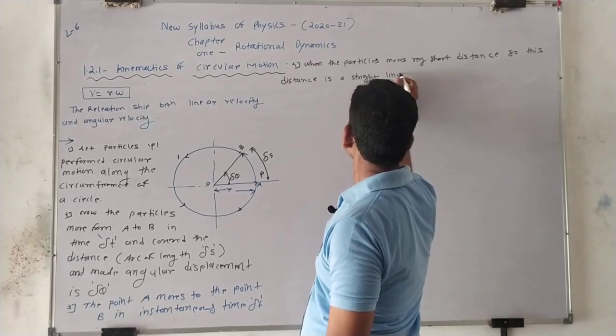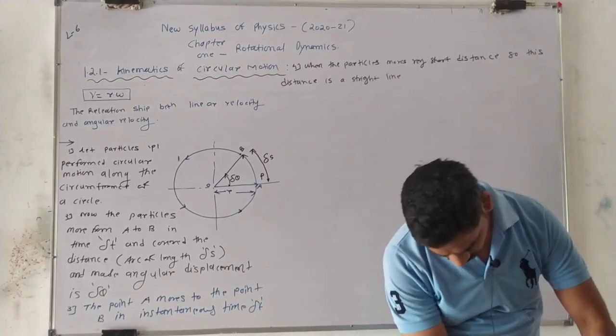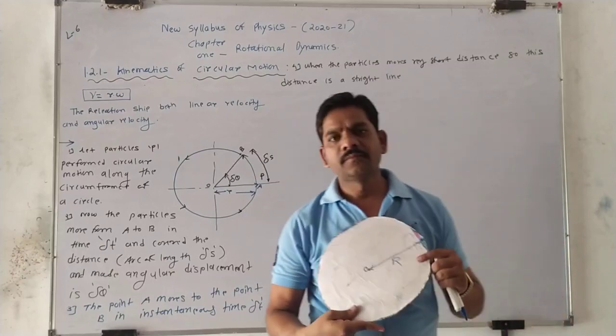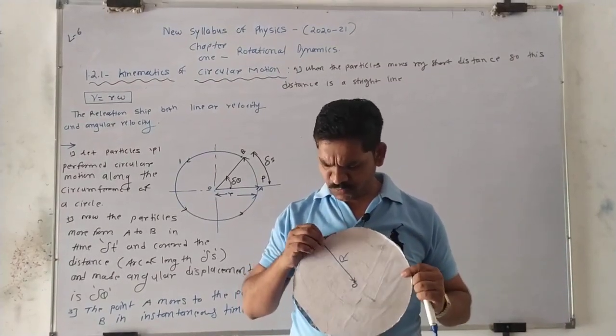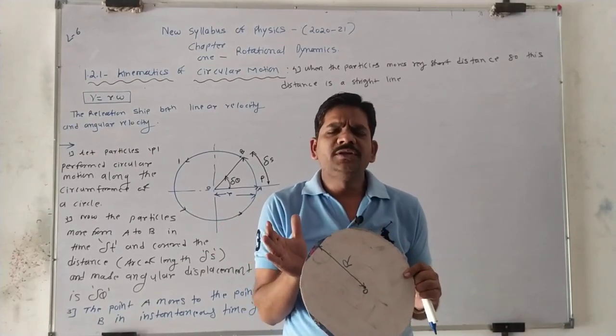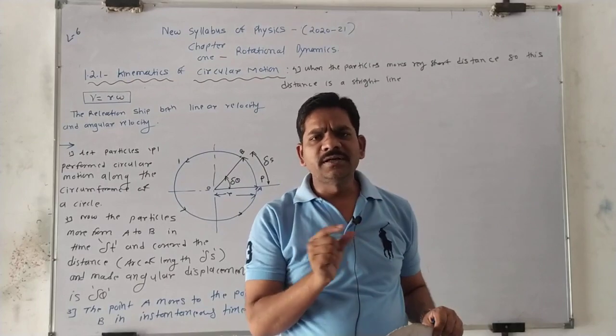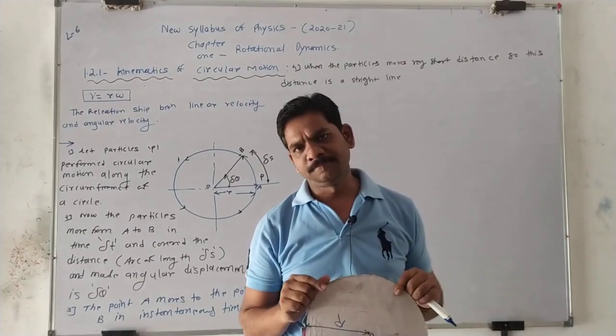If you consider our diagram, the particle P moves a very short distance, so this short distance is considered as a straight line, right?